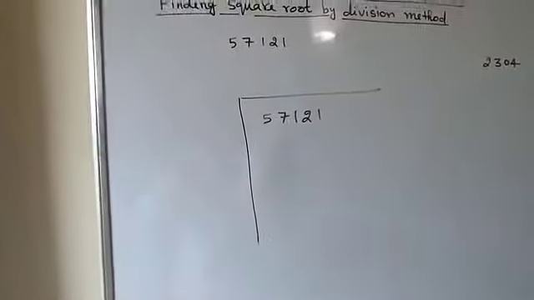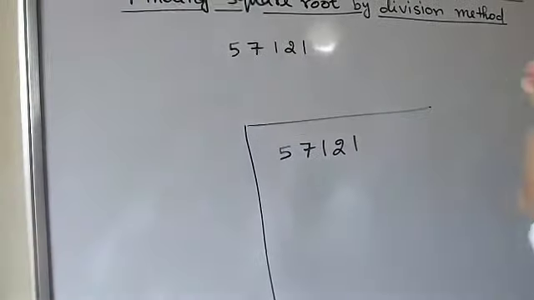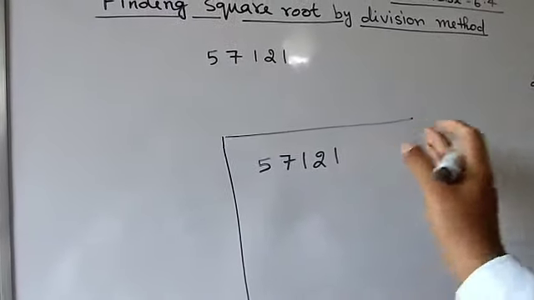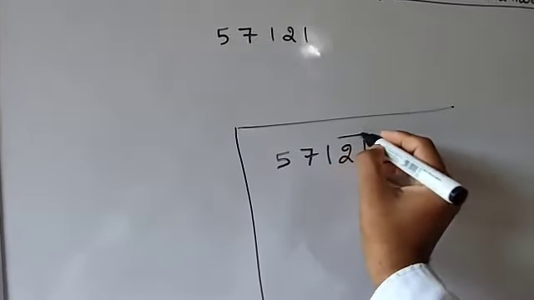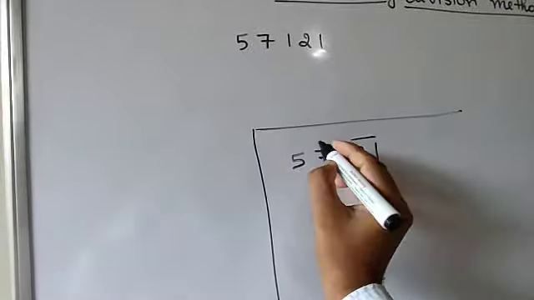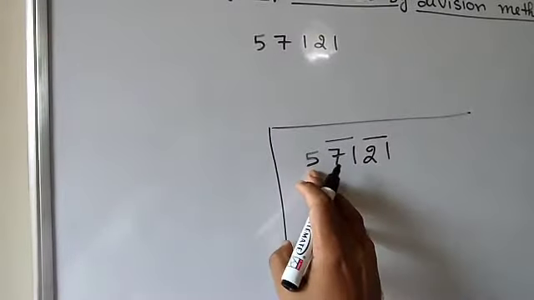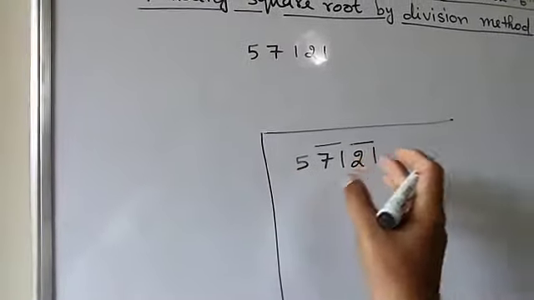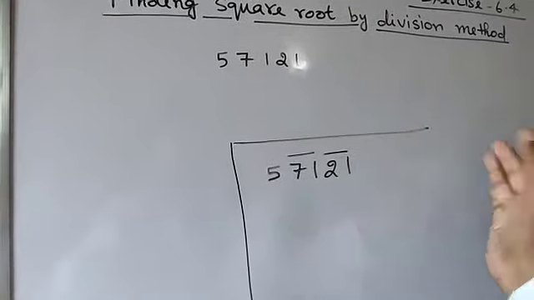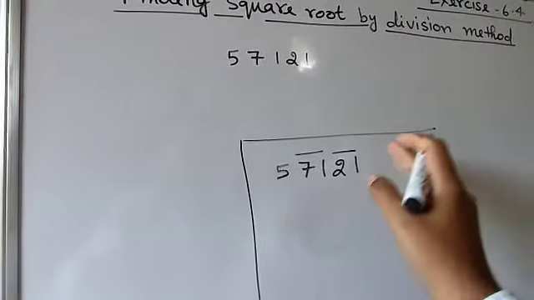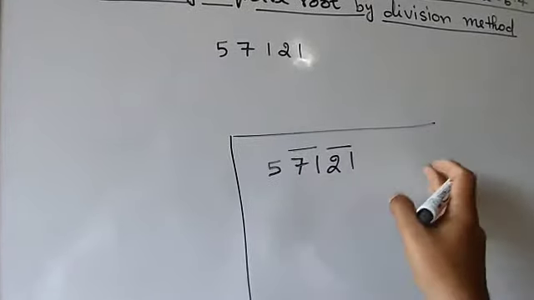Now you need to make pairs of digits from the very right side, that is, from the unit place side. Put a bar over each pair. Here is one pair, here is the second pair, and if a single digit is left, then leave it. The pairing should always start from the right side, from the side of the unit digit.